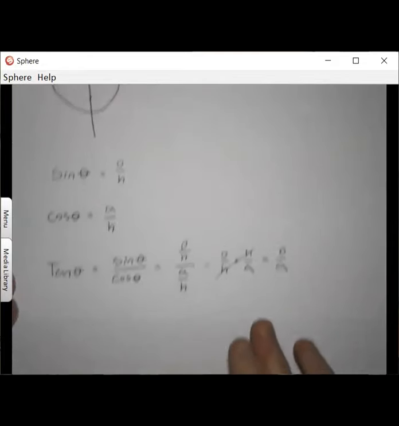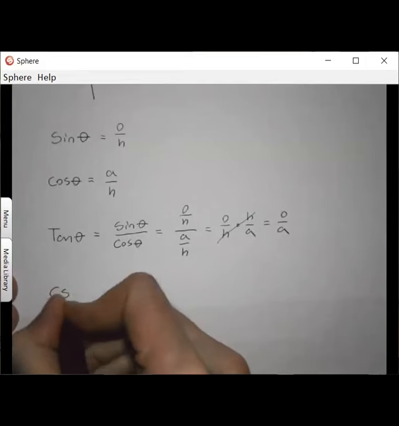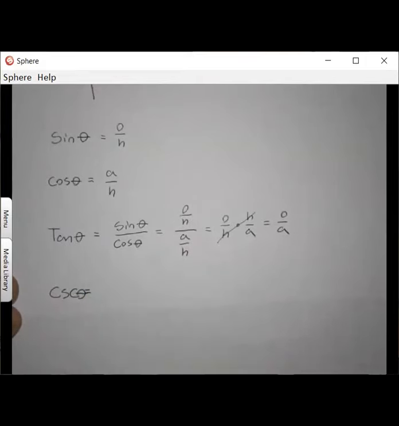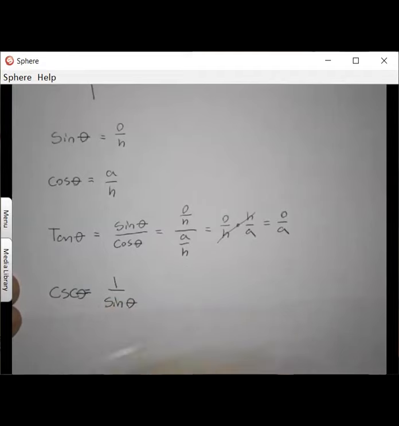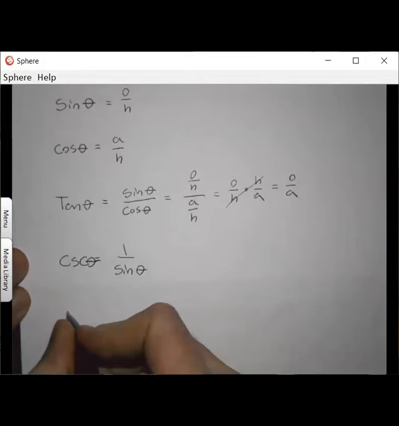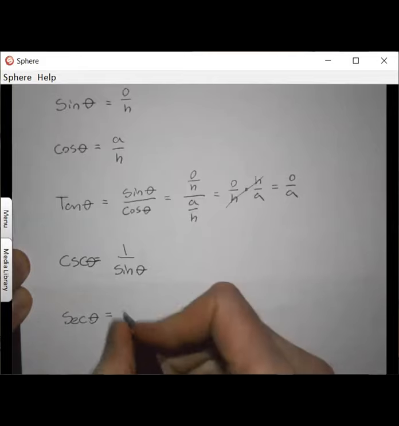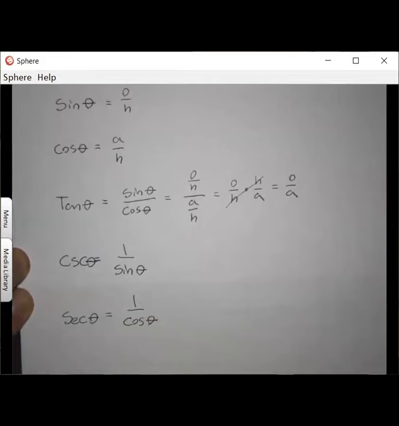So similarly, cosecant is the reciprocal of sine, or I can write it as 1 over sine theta. Secant is the reciprocal of cosine, or I can say secant theta is 1 over cosine theta.